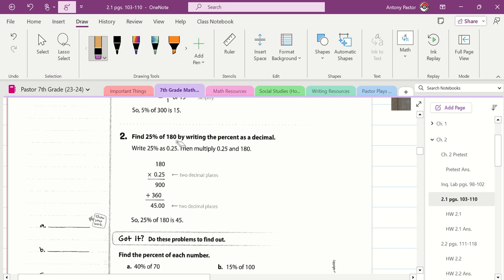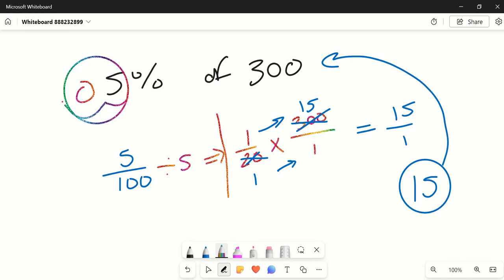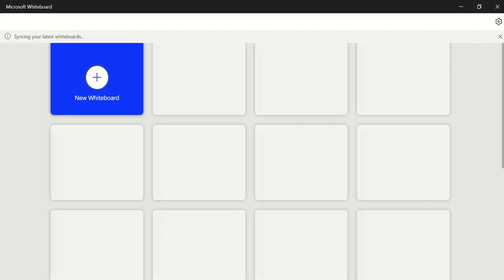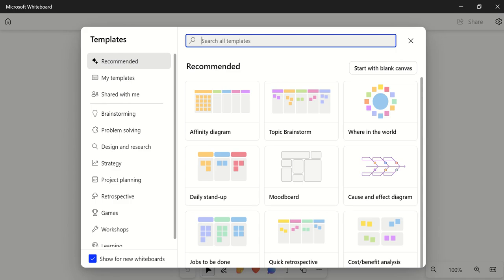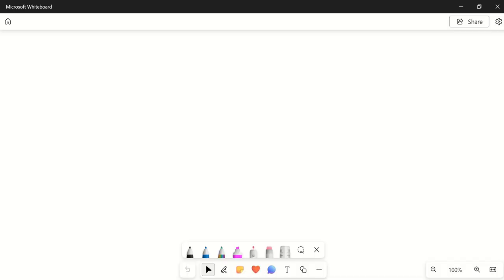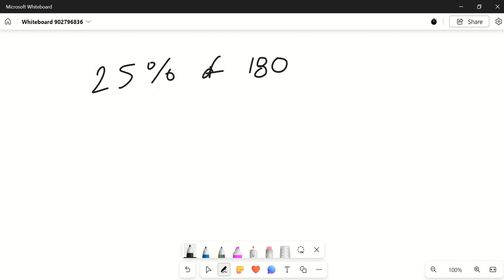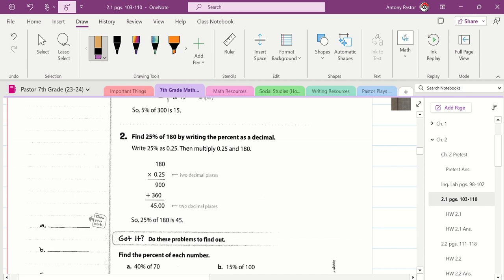Find 25% of 180 by writing the percent as a decimal. 25% of 180. I'm going to double check to make sure that was the question. That is.